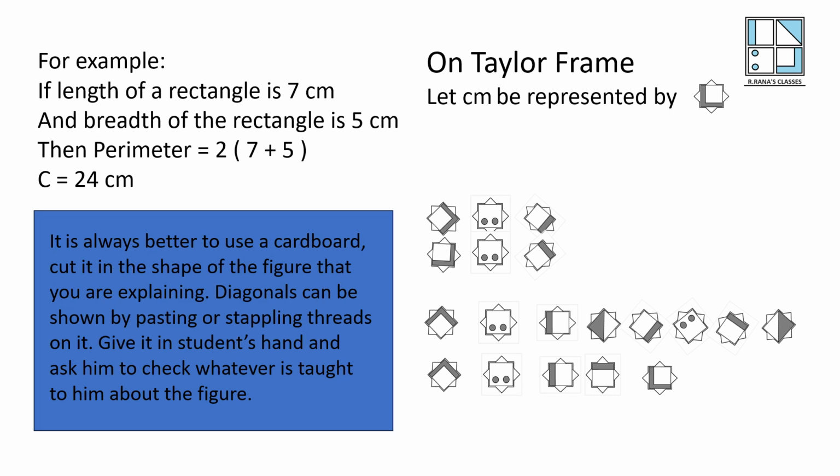Let him feel it properly. Ask him which is length, which side is width, where is the first diagonal, what is their point of intersection, and how they are bisecting, for example, in the case of rectangle. Okay. This will help a student and he will form a clear picture of the figure in his mind.